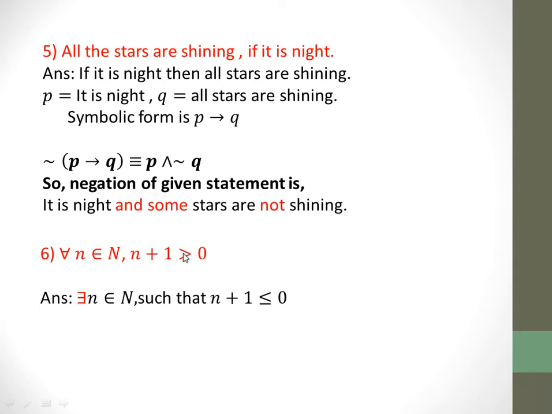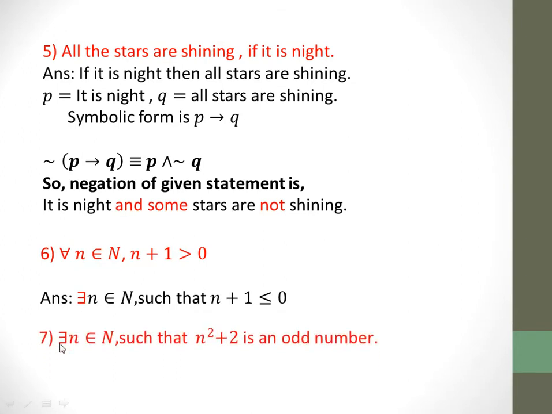Whenever there is strictly greater than, the negation of that symbol becomes less than or equal to. See this carefully: not only less than, remember here it is greater than 0. Do not write less than 0 only; write less than or equal to 0. Okay, so this is the whole statement, which is called the negation of the given quantified statement.